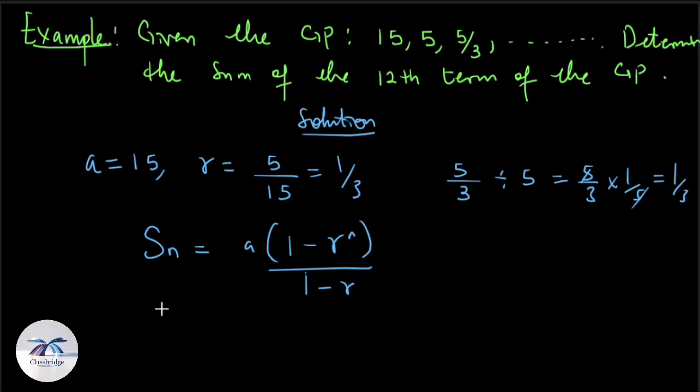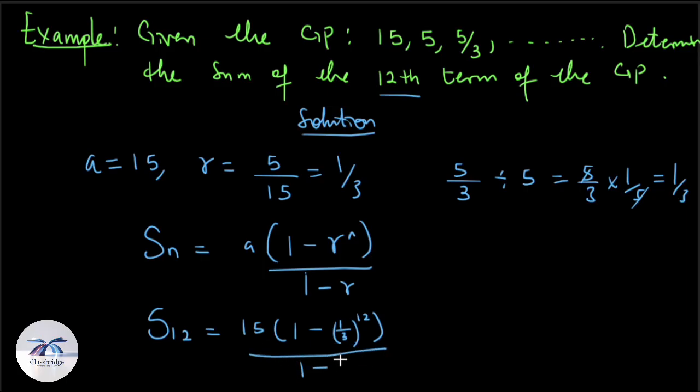Now, in this case, what is our n? Our n is 12 because we are asked to find the sum of the first 12 terms of the GP. So S12 gives us A, which is 15, into 1 minus the value of r, 1 over 3, to the power of n, which is 12, everything all over 1 minus 1 over 3.